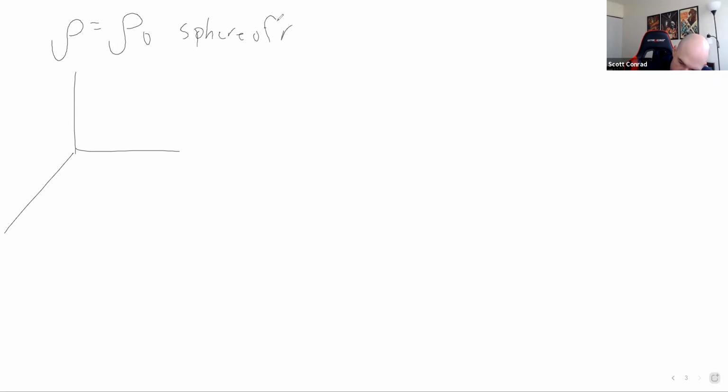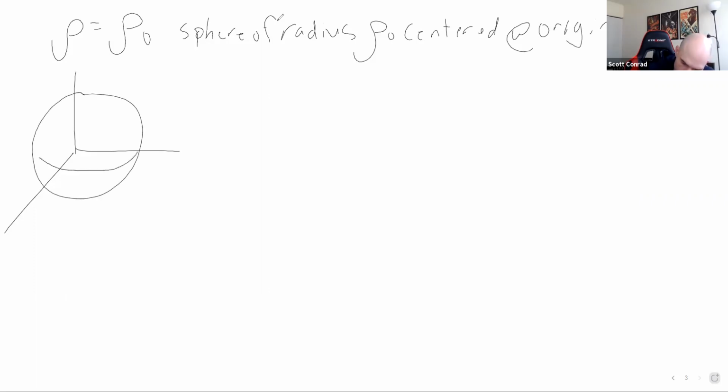So that's a sphere of radius rho naught centered at the origin. The equation rho equals rho naught represents the sphere centered at the origin of radius rho naught. We're looking at all the points distance rho naught from the origin, and that is the sphere.